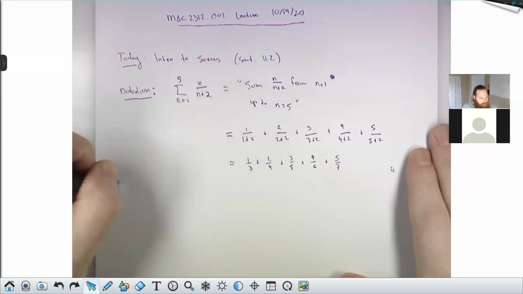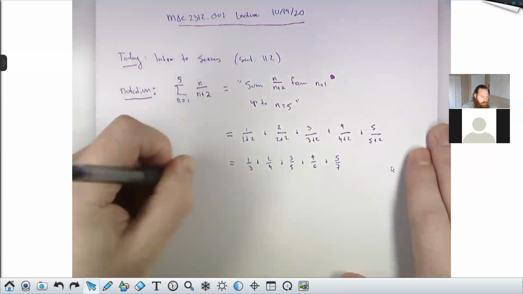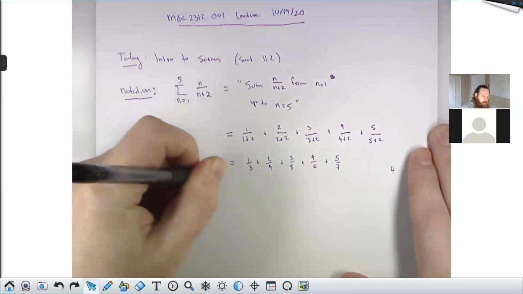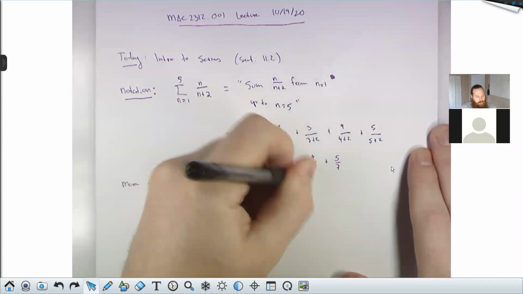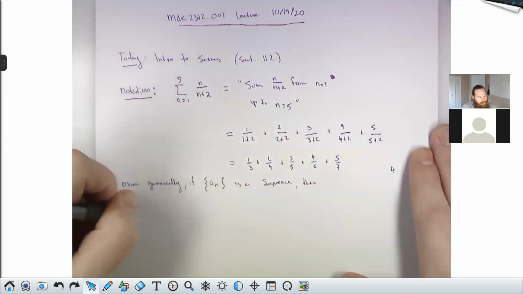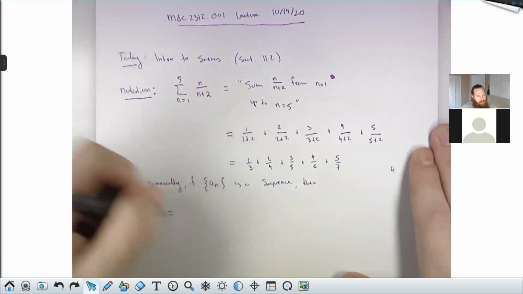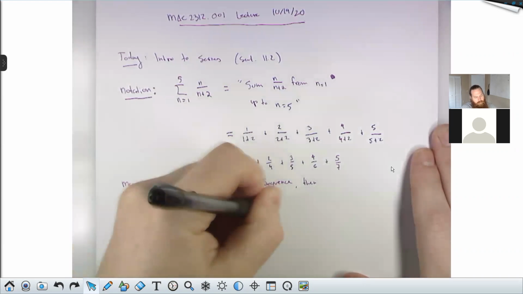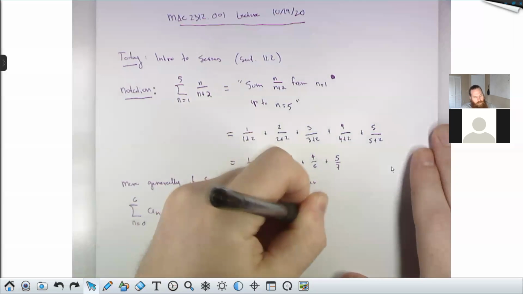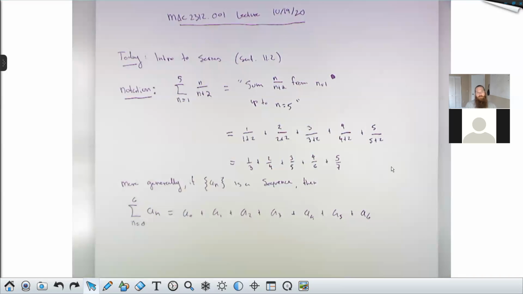More generally, if a_n is a sequence, then the capital sigma n from, let's say, 0 to 6 of a_n would be a_0 plus a_1 plus a_2 plus a_3 plus a_4 plus a_5 plus a_6, right?